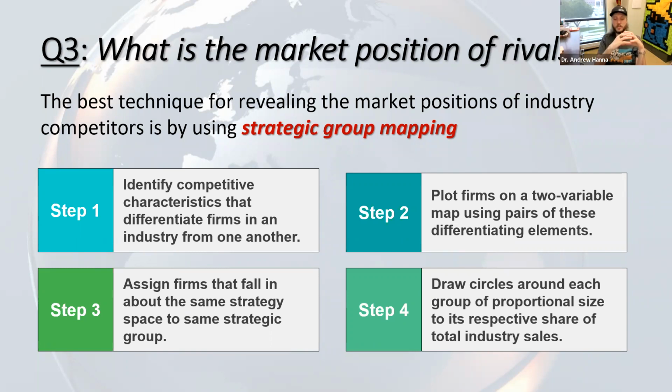We start putting them together and saying, not everybody in my industry is as big of a rival to me as everyone else. There are varying levels of how competitive I am against other people based off of important things like what kind of value they provide. Are they a cost leader, with a low price, or are they a really high quality competitor? How do we determine these kinds of things?